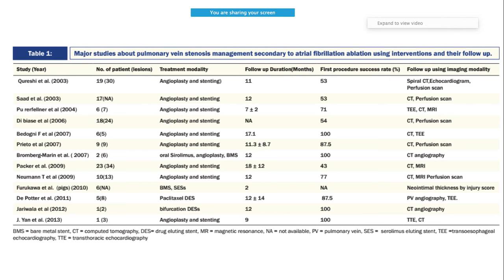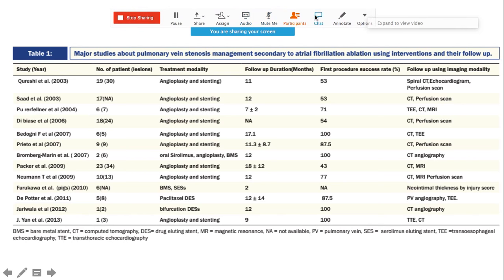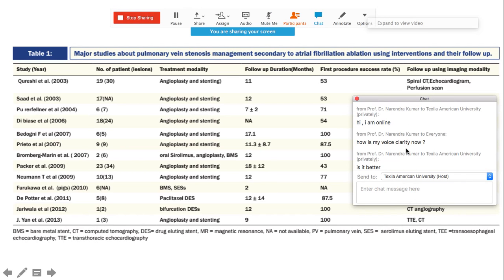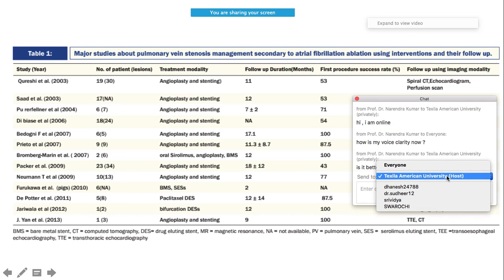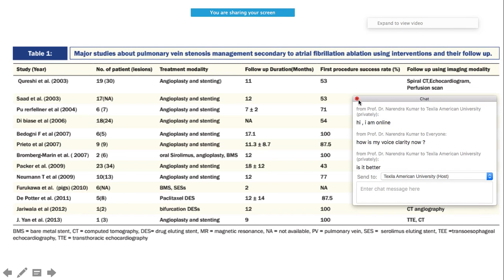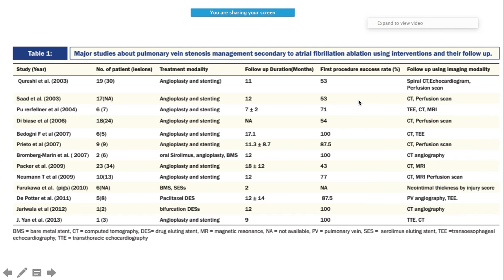Now coming back to the article, what have we done in this table? What do you see in this table? This table is again from the article. This is a summary of the different authors who have written about a similar topic.